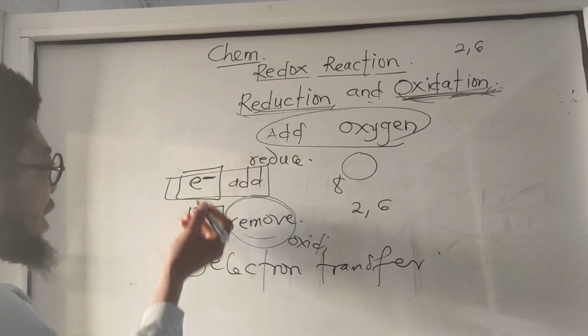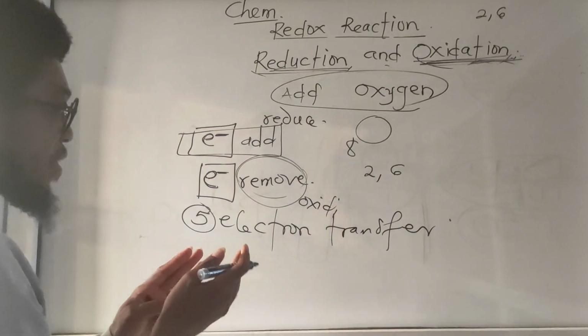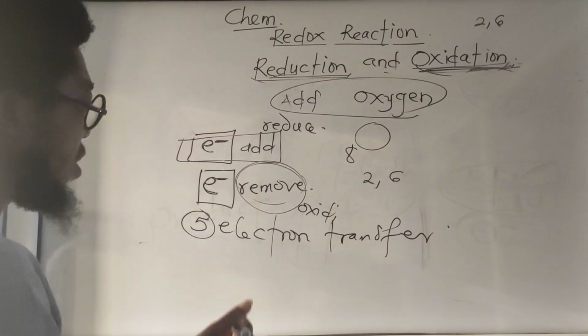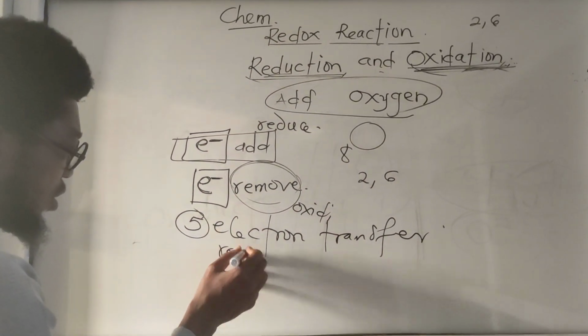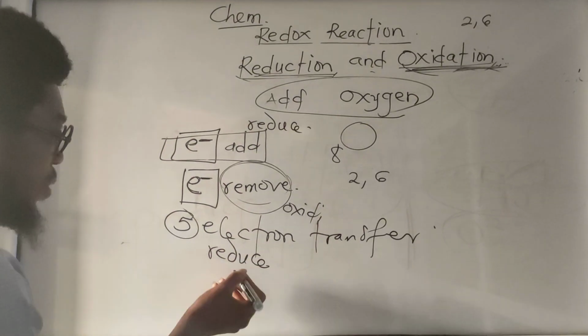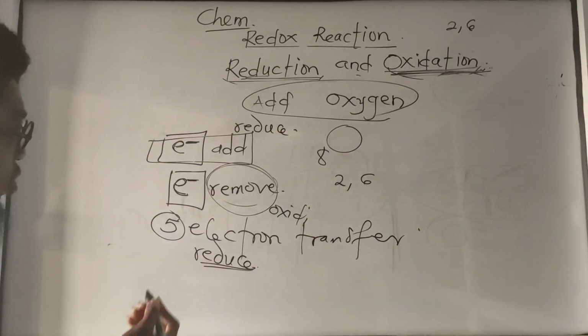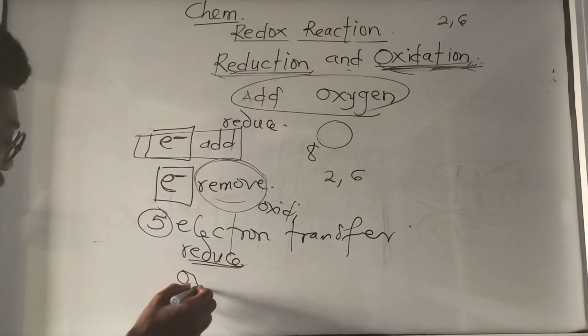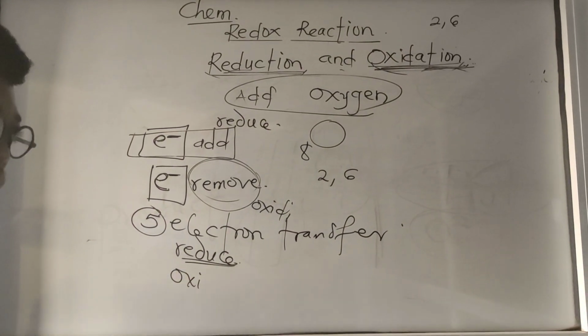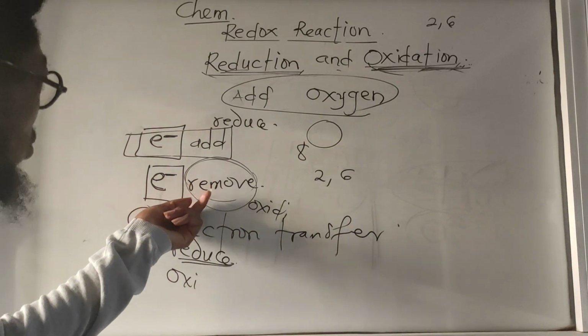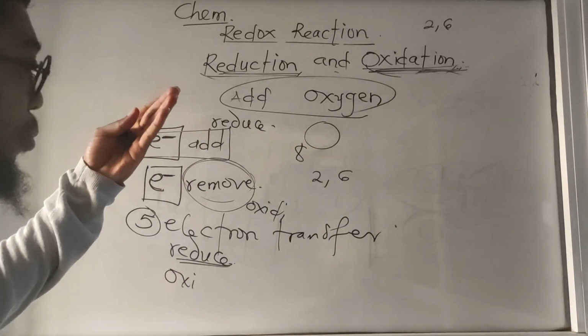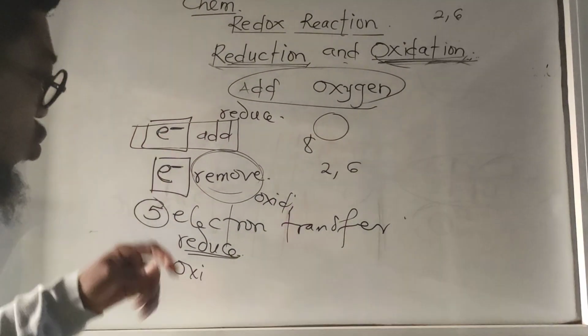So if I add electron to somebody, that means I've added negative to that person. So the person should be what? Reduced. Therefore, I will now define reduction as the addition of electron. I will now define oxidation as the removal of electron. Because if I remove electron from you, you will go up. If I add electron to you, you go down.